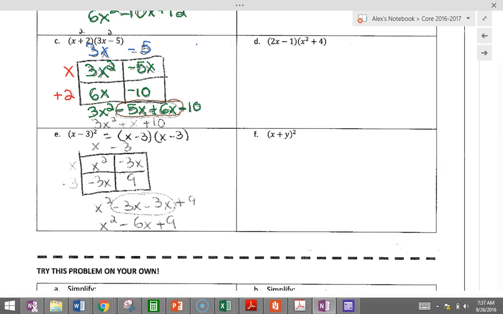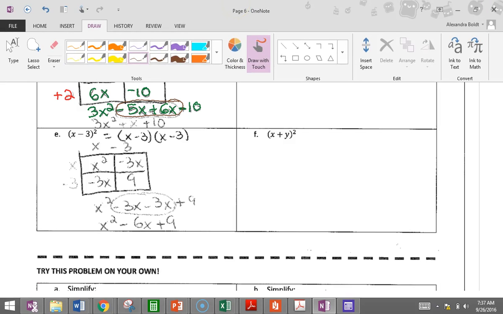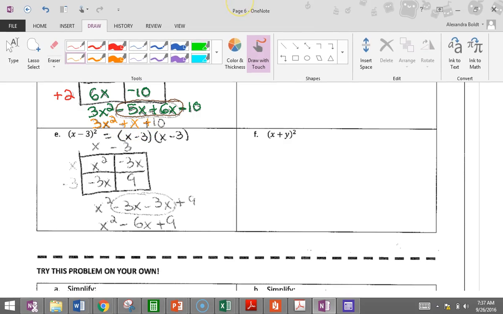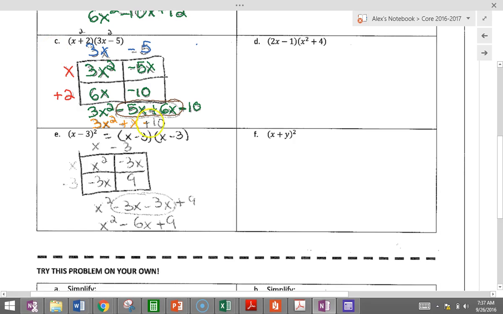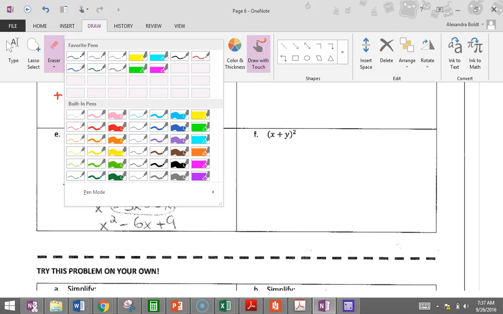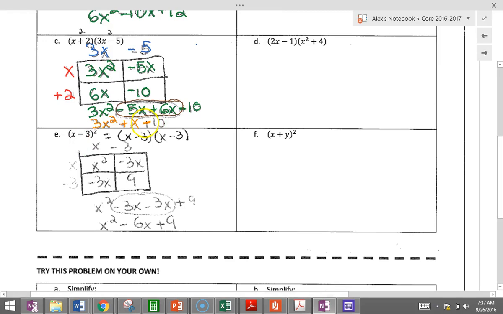Both of those are x's, so I have to combine those like terms. So what I really have here is 3x squared, negative 5 plus 6 is just positive 1x, and then minus 10. So 3x squared plus x minus 10.